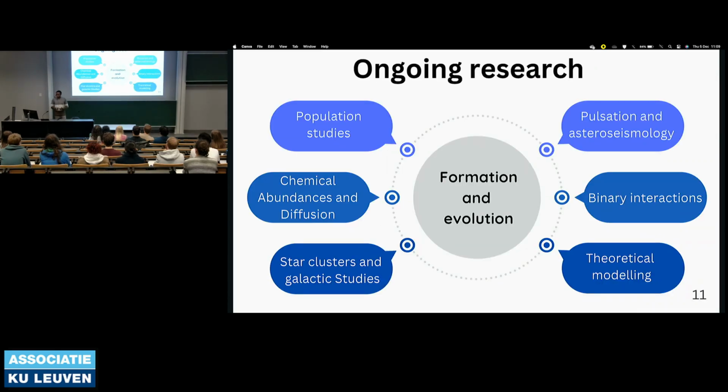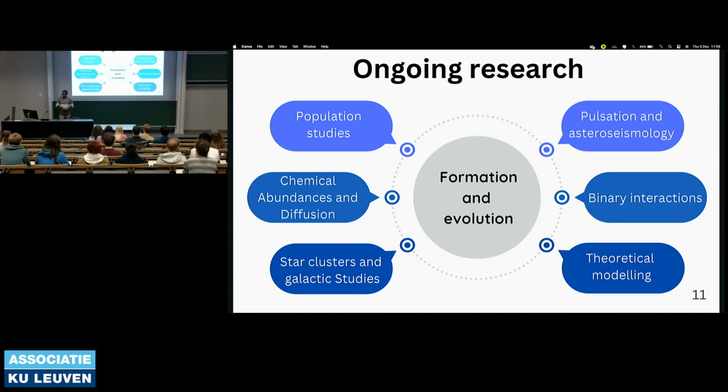Now let's look at the ongoing research on hot subdwarfs. The main focus of the research is on the formation and evolution of these objects because they are not fully understood yet. Studies focus mostly on understanding the formation and evolution, and examples of this research are pulsation and asteroseismology to understand the interior of these stars.